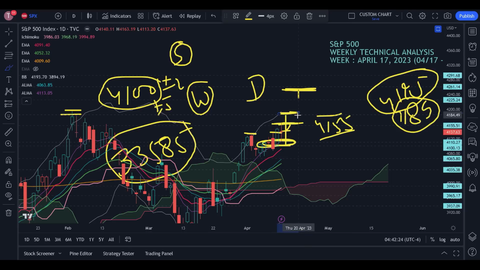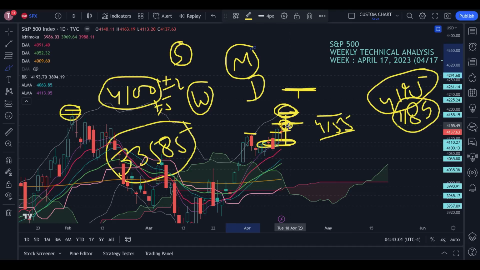Now the S&P 500 can give up from this level itself, from 4195 or 4185. Also it can give up from 4155, 4160, 4165 itself. If on Monday it fails to sustain and close above, this time it is not about sustaining but about closing, because it already moved up and breached 4160.